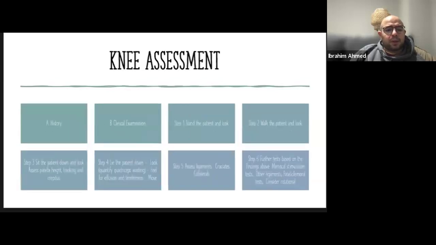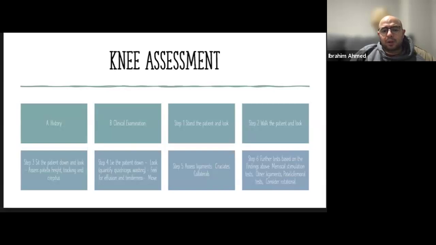all these fancy tests. In the knee examination, history, stand them and look, walk them and look, sit down the patient and look, and you're looking at the J sign, you feel for any patella crepitus, and you can examine the extension mechanism. You lie them down and look, and you'll be looking for quads wasting, any small arthroscopic scars. Then you examine the ligaments, cruciate and collaterals.